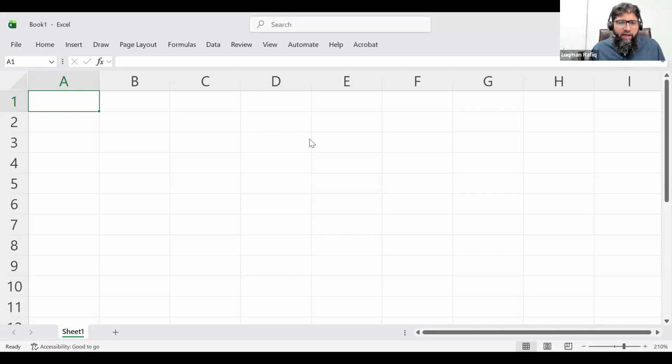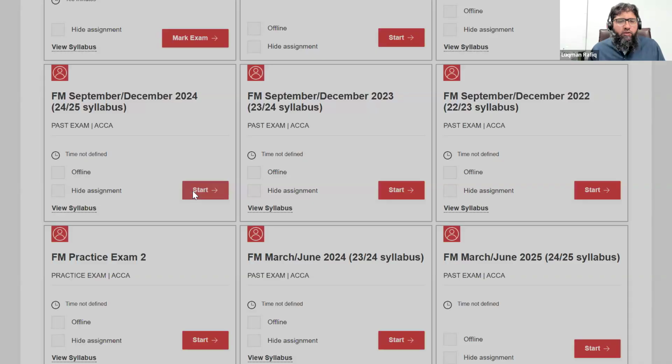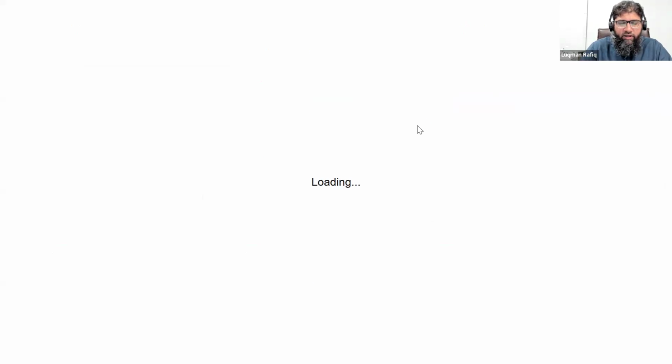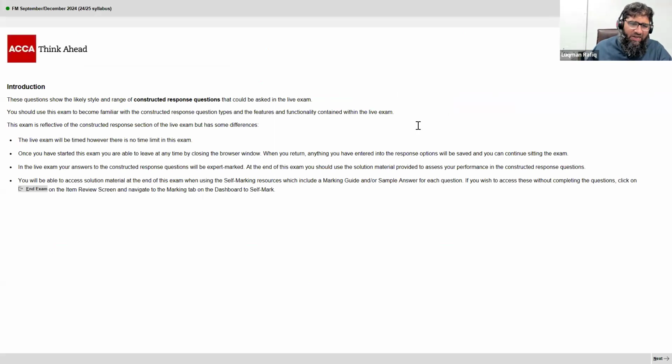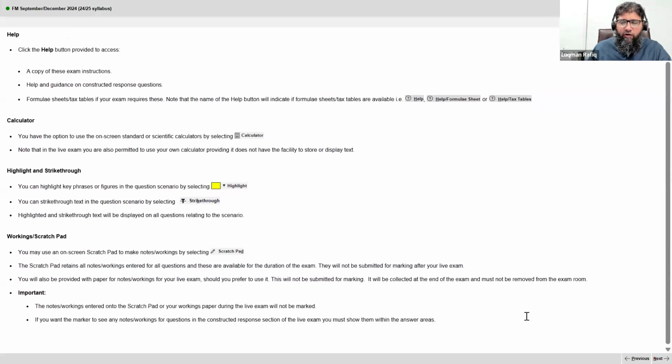The first paper that I'm going to start off discussing with you is from the December 2024 examination. So the FM December 2024 examination, that's the first question that I'm going to share with you, and I'm going to start discussing that first question. This specific paper is on the ACCA CBE practice platform.